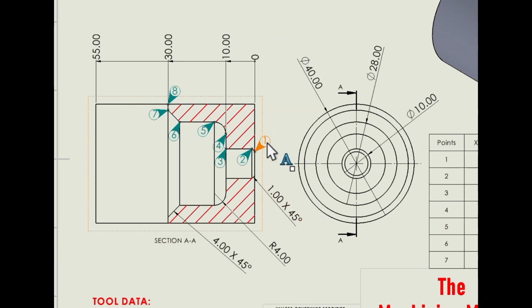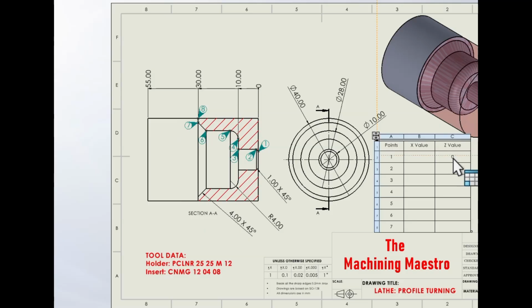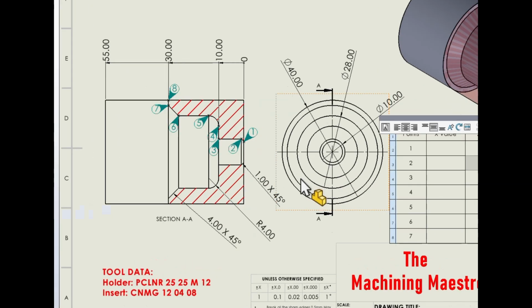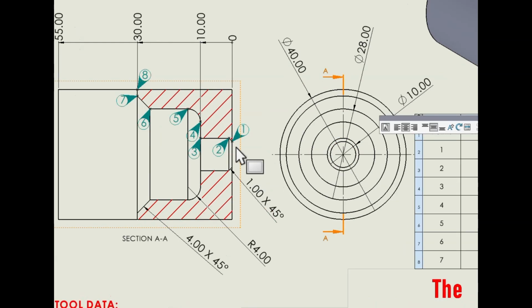At point number 1, since it is the starting position of the raw material, the Z value will be 0. I'm putting 0 here. The diameter value at point number 1 has not been given here, so to get it we should follow point number 2's diameter.